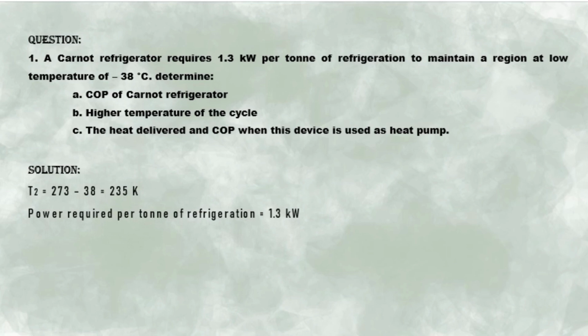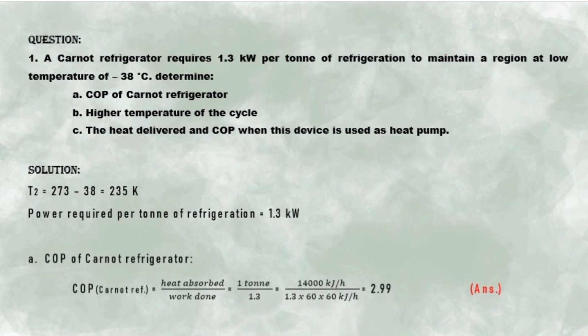For given, we have the final temperature of negative 38 degrees Celsius, we will add 273 to make 235 Kelvin. The power required per ton of refrigeration is 1.3 kilowatt.